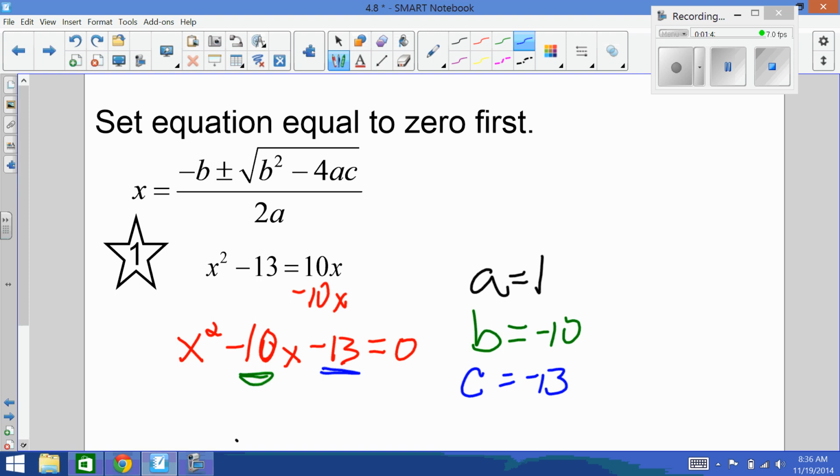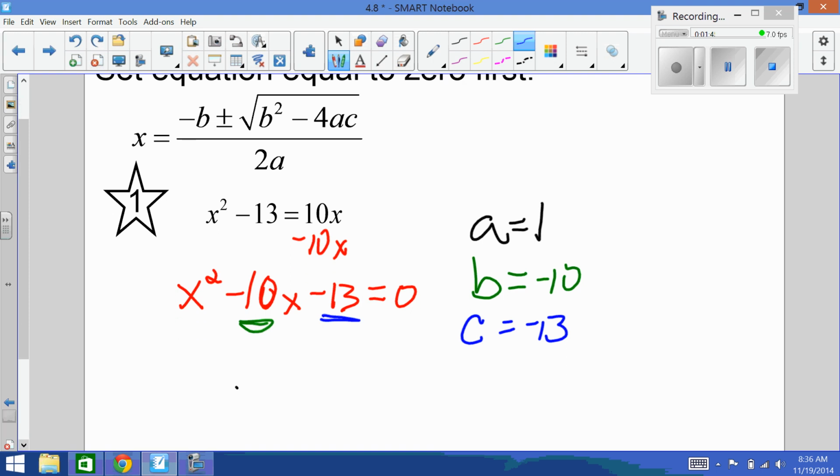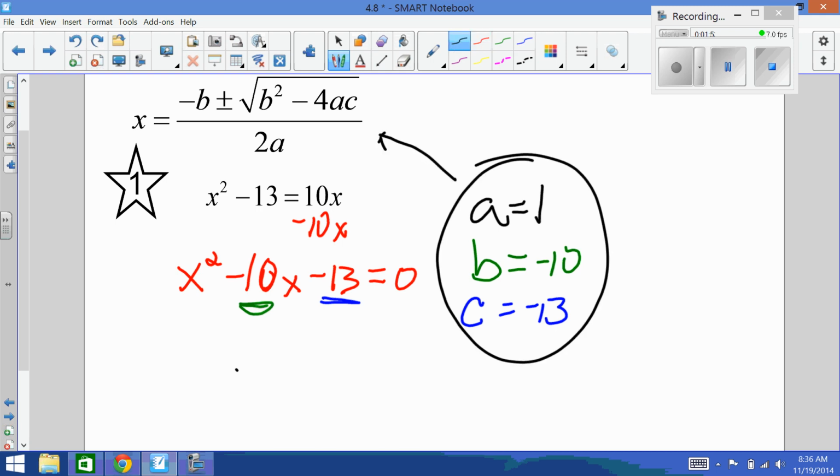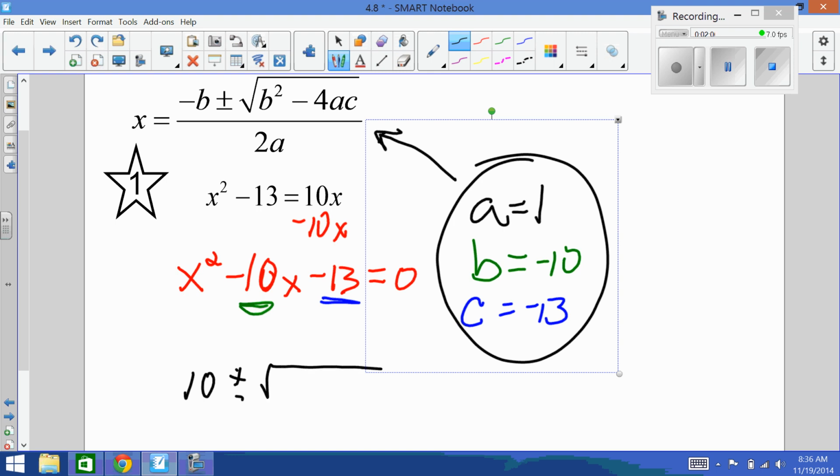All right, so now I'm going to use the quadratic formula. So we just plug in these values into that equation. First thing is the negative b. If b is negative 10, I want negative b, so that's positive 10, plus and minus the square root.